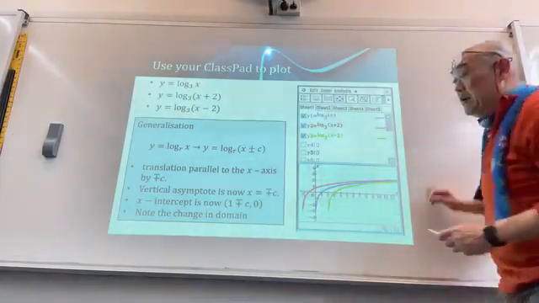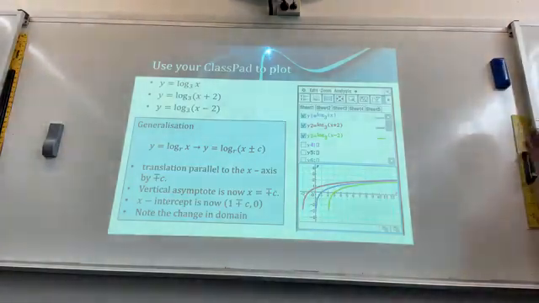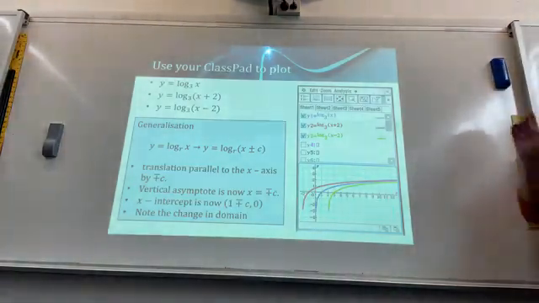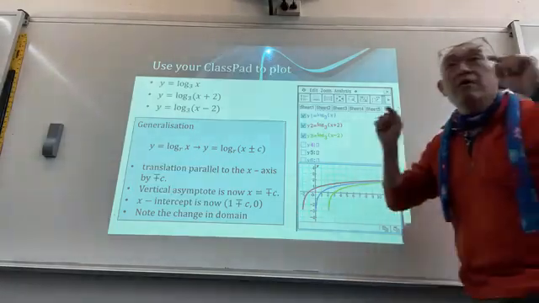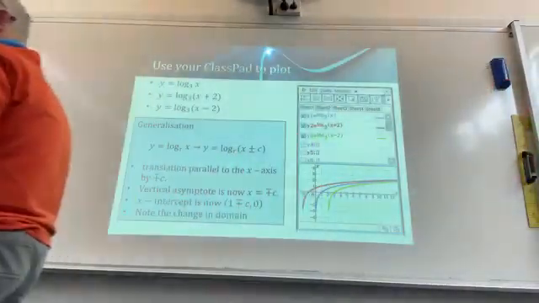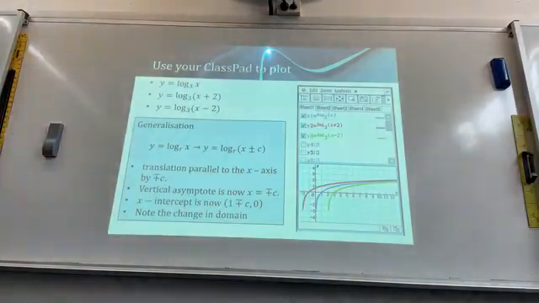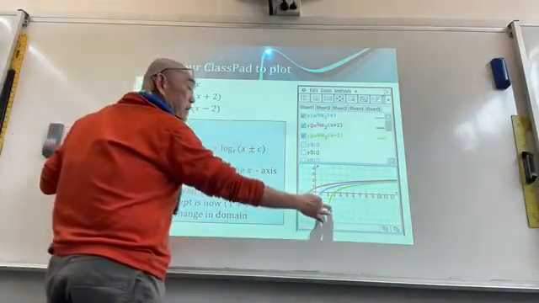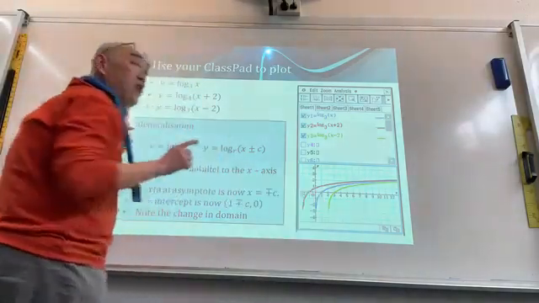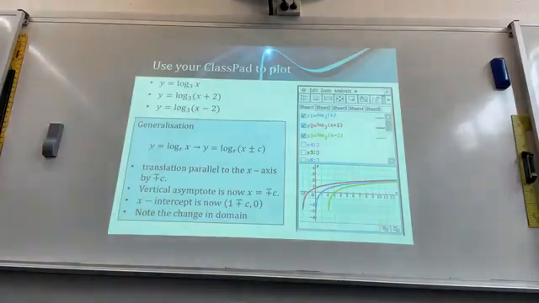Now, again, you need to note the change in domain. The next thing I want you to be conscious of: in this sort of translation, you may get a y-intercept. See? The red line now has a y-intercept, whereas the blue and the green line do not. So, tricky question, sometimes they will ask you to translate and ask you to identify the intercepts.